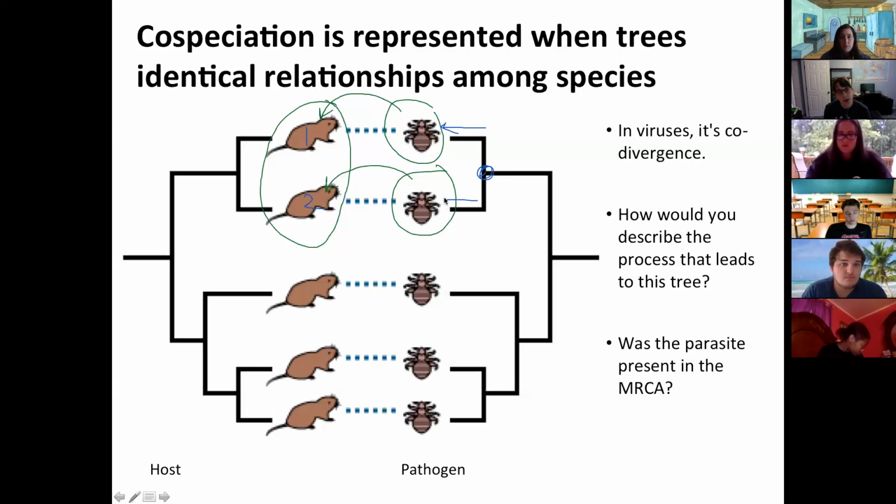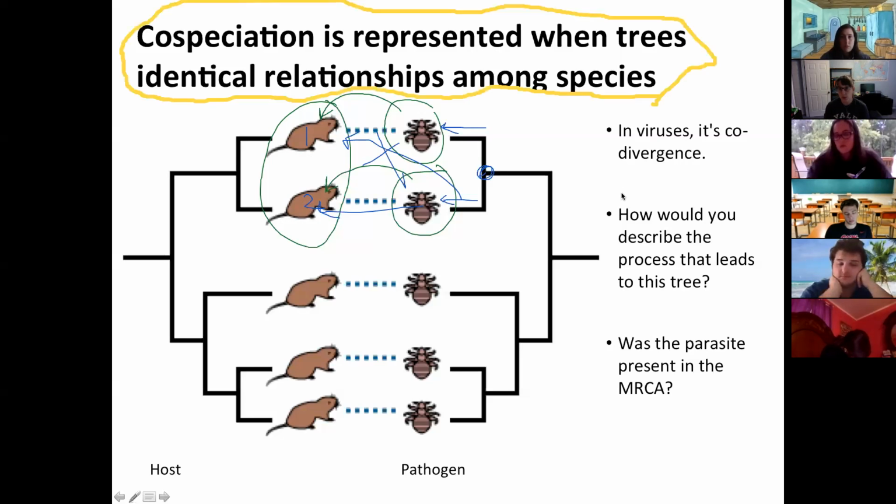But along this branch, this parasite couldn't infect host 1, but it can infect host 2. Okay, so we can then start asking the questions, well, did this happen within a host or did it happen in the ancestor of the hosts? And so we can start answering these questions.